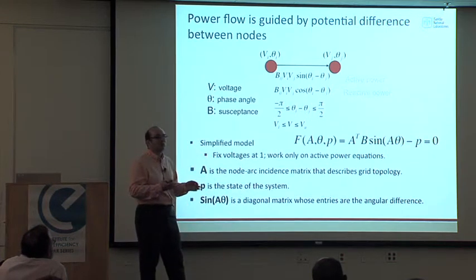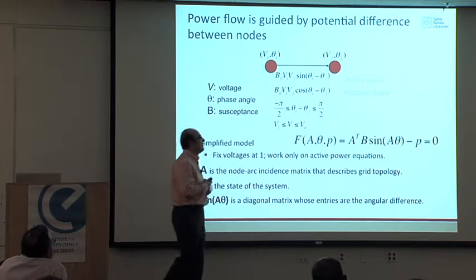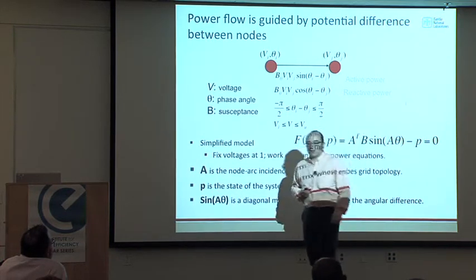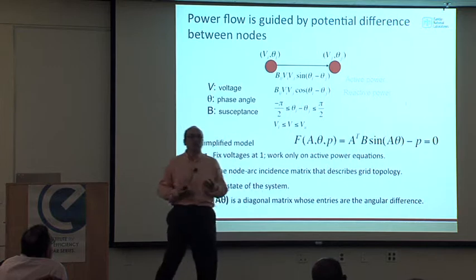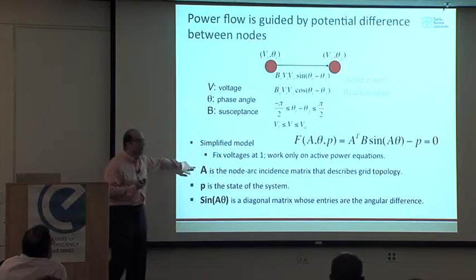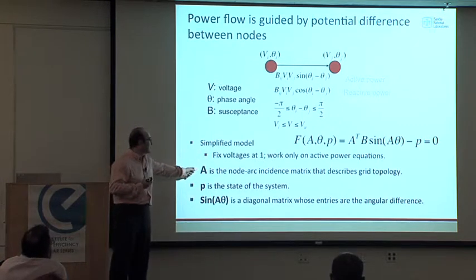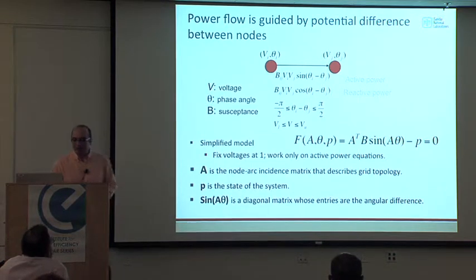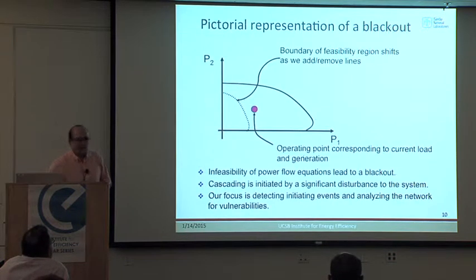The flow into a node should be equal to the flow out of the node. And P here describes the state of the system: how much I'm consuming and how much I'm generating at each node. The whole topology of the grid is described by this matrix A. And I'll come back to that matrix.